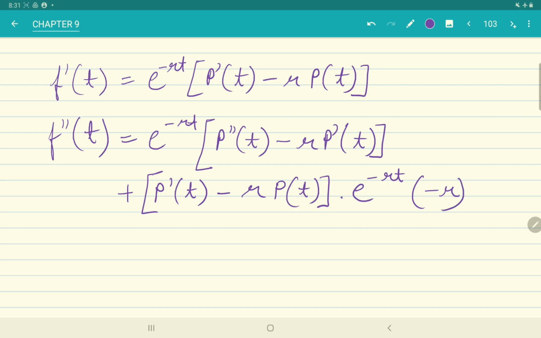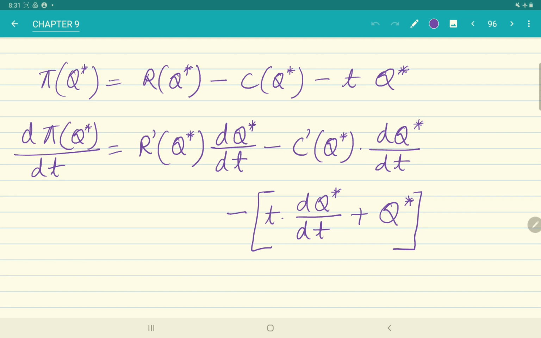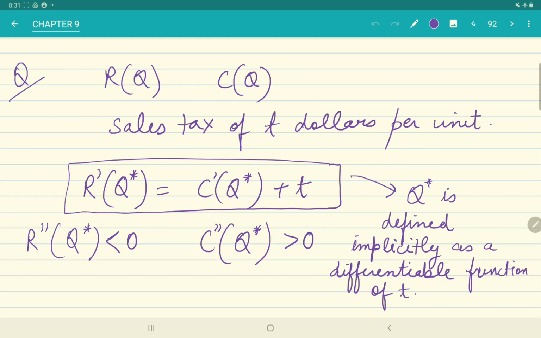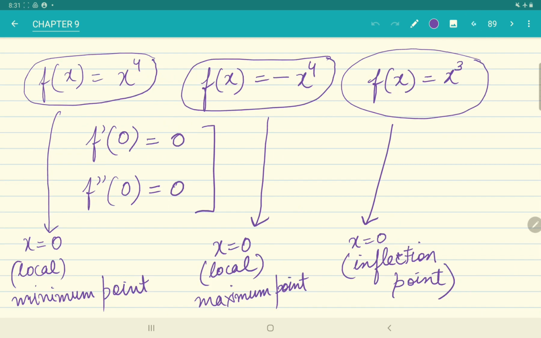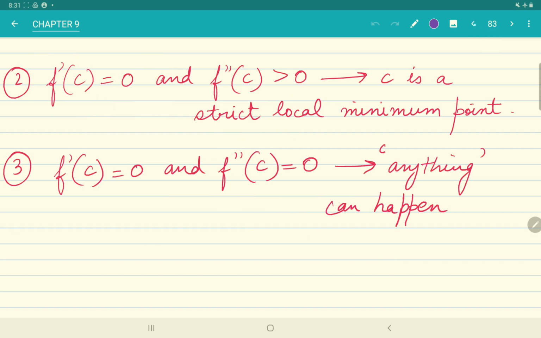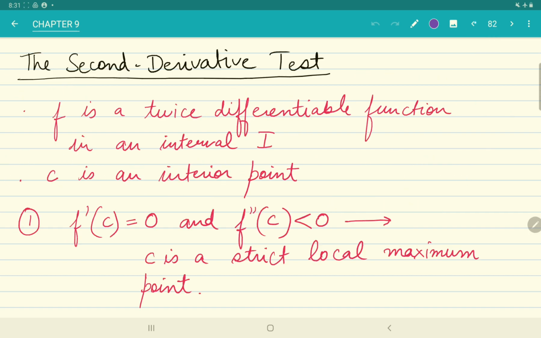But what we know from here is that, if you can just recall the second derivative test, we have to think of f prime c equal to 0, and we have to think of f double prime c.